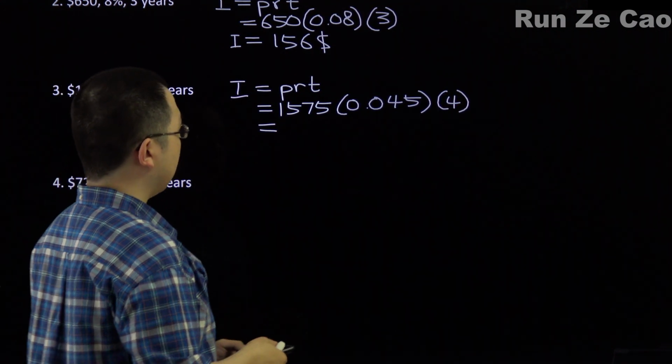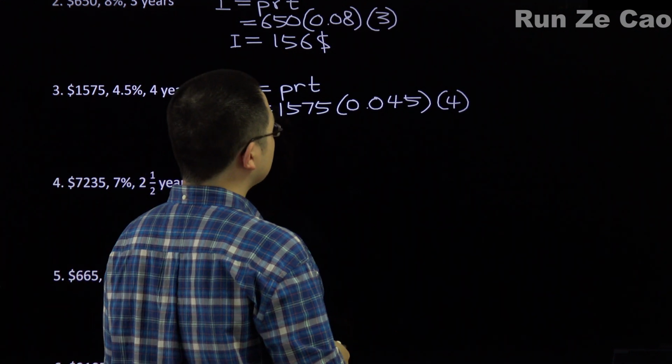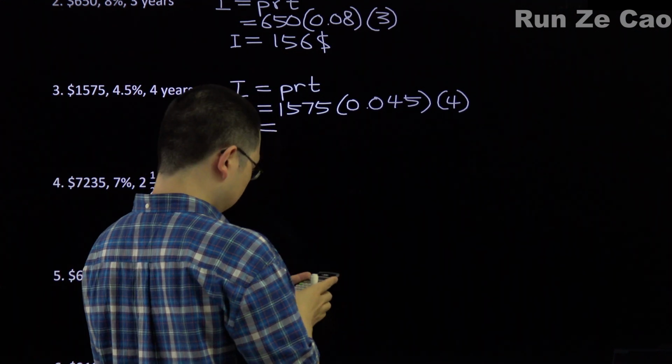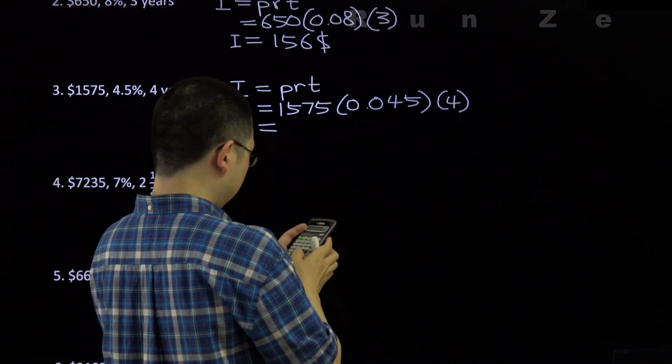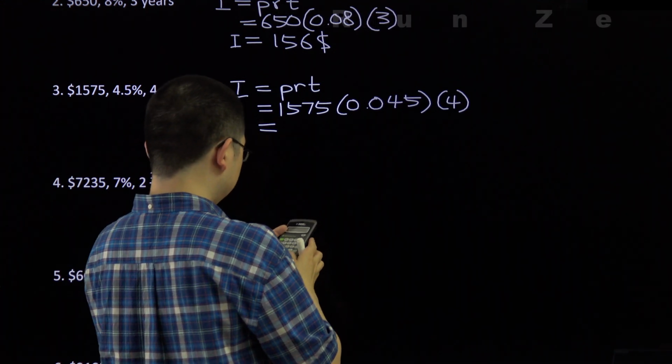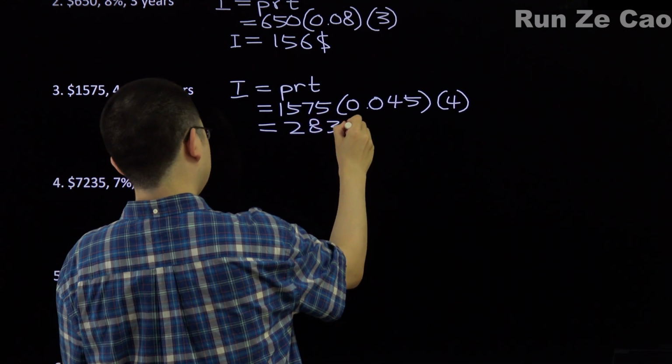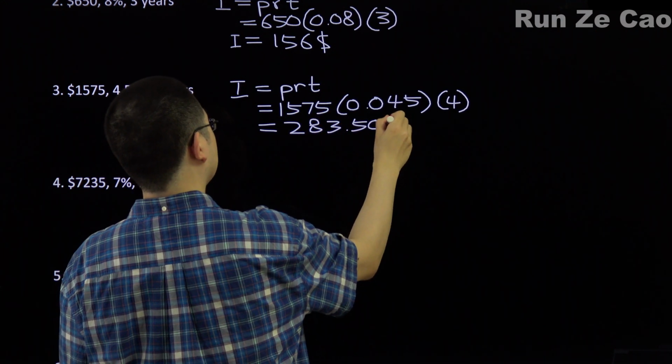We're going to be looking at 0.045 times 4 is going to be 0.18. 0.18 times 1575. So $283.50.